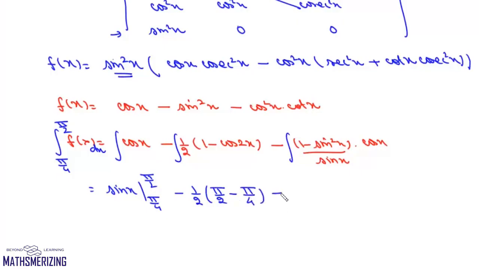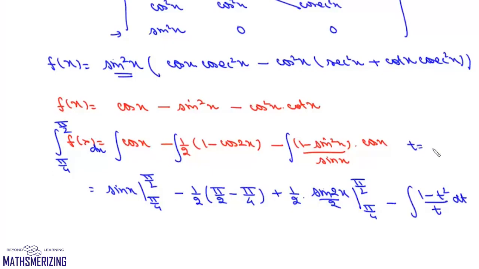Now this is minus and minus plus 1 by 2 sin 2x by 2 from pi by 4 to pi by 2, and here if we take sin x as t, we'll get this as 1 minus t square upon t dt, and here t is sin x.